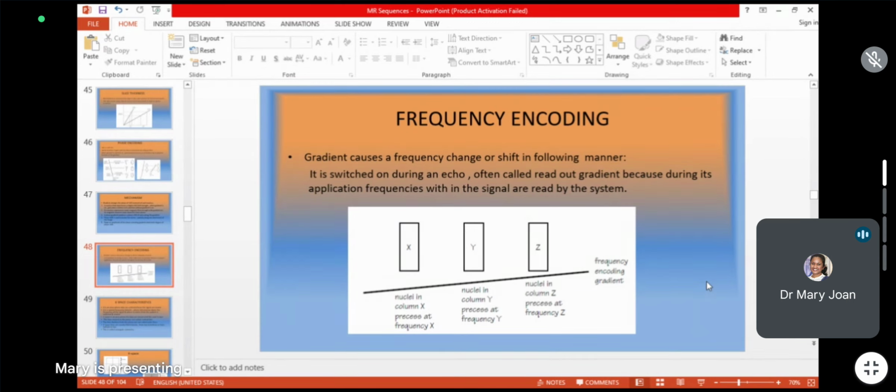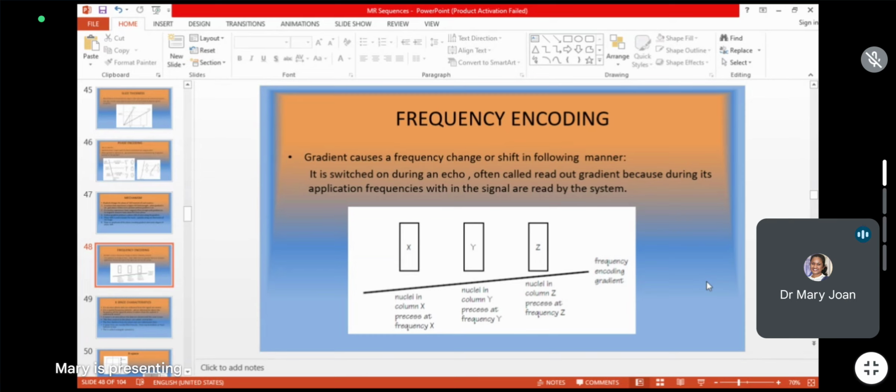So here the gradient is switched on, and the nuclei in column X precess at frequency X in the first rectangle. Nuclei in column Y precess at frequency Y, and nuclei in Z precess at frequency Z.